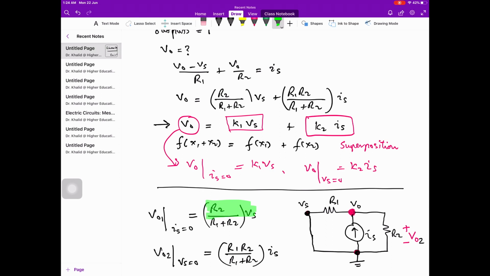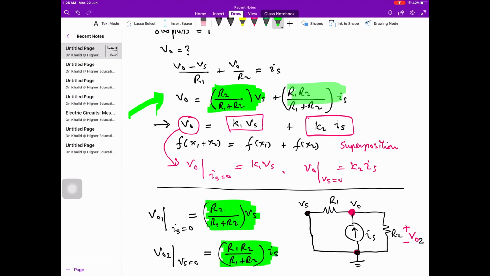And now over here you can see this is the output voltage due to Vs, and when we considered it individually, this is the output voltage due to Vs, and the output voltage due to Is over here.